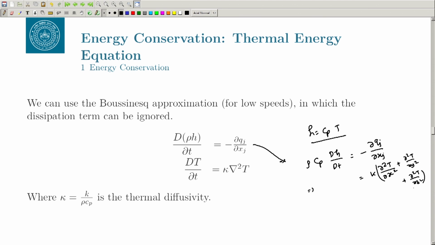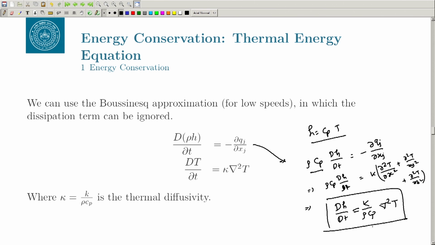You can take rho C p to the right side. So, dT by dt becomes equal to K by rho C p into del square T, where K by rho C p can be written as kappa, which is nothing but the thermal diffusivity.